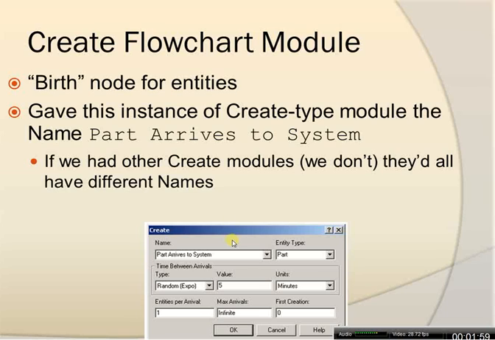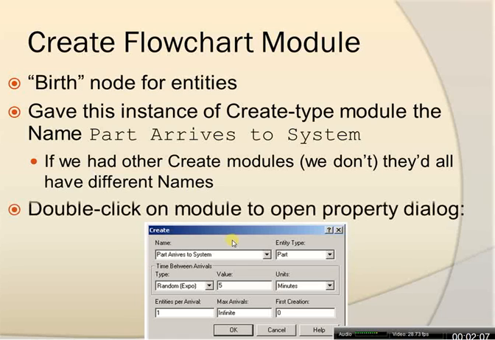Then we would need to name those other Create modules differently from this one, because as I mentioned earlier, each name in Arena must be unique. To get this, you just double click on the Create flowchart module and you'll get this property dialog box that is displayed here.